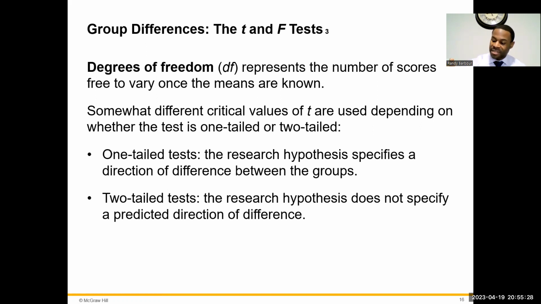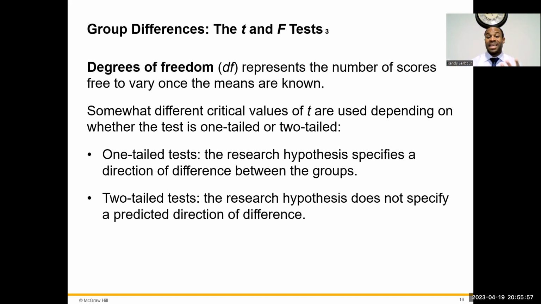But that 10th score has to be a specific value, because it has to give me the average of 5.20. Every other score can be pretty much whatever, but when I add it all up and divide by 10, I have to get that 5.2. So again, that is degrees of freedom.